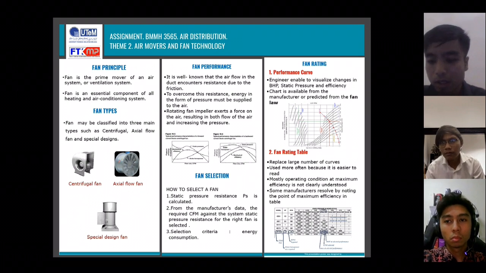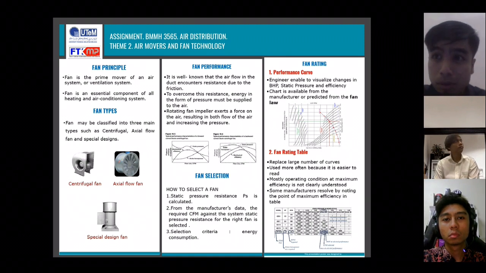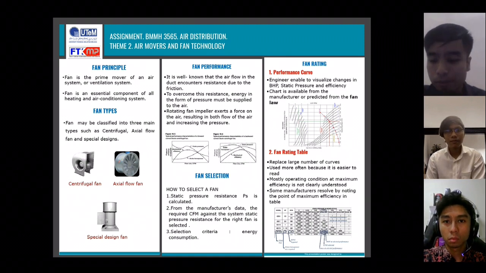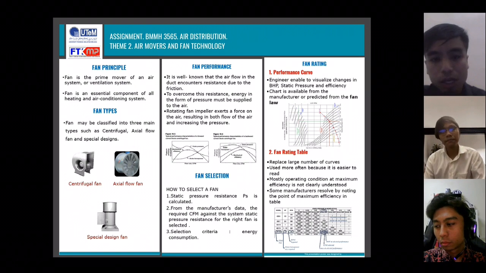For the centrifugal fan, it has 6 types, which is forward curve, backward curve, radial tip, radial blade, airfoil, and backward incline. And for the axial flow fan, it has three types, which is propeller type, tube axial type, and vane axial type.